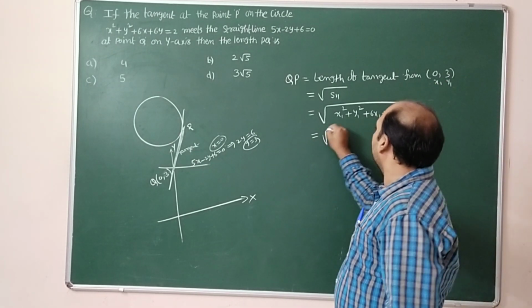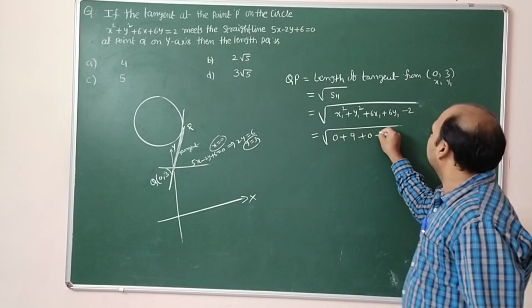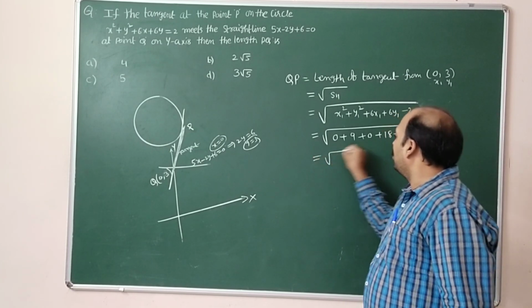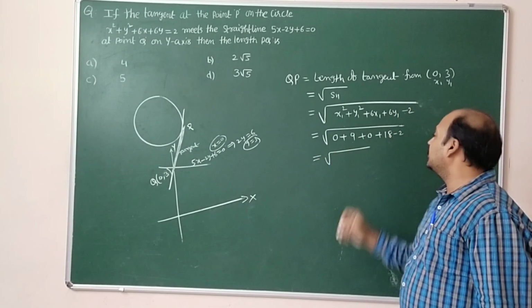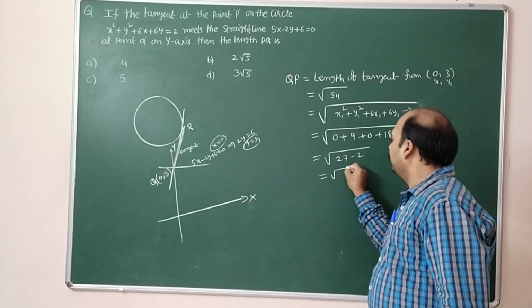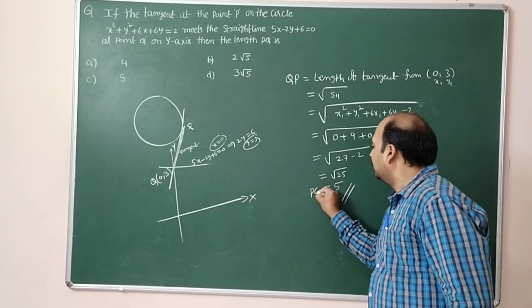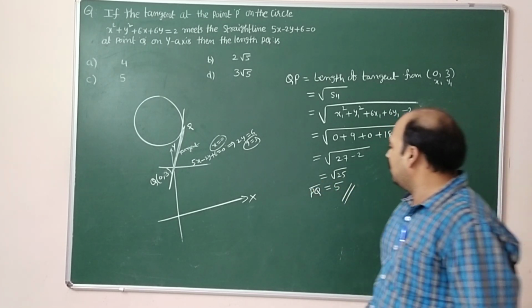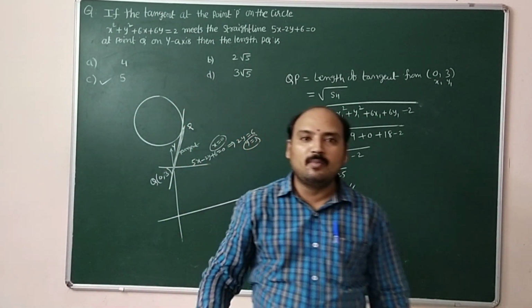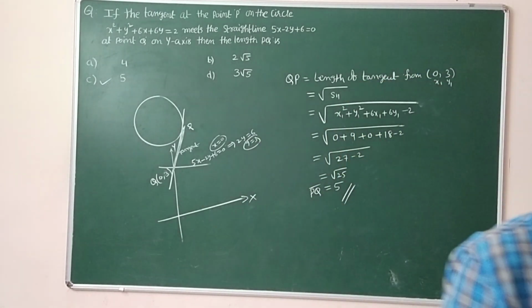So root over 0 plus 3 square plus 0, 6 3s are 18, minus 2. So it is root of 9 plus 18, 27 minus 2, 25, which is equal to 5. Therefore, the PQ length is equal to 5. So the answer is third option. We will move to the next question. This concept is the length of tangent concept.